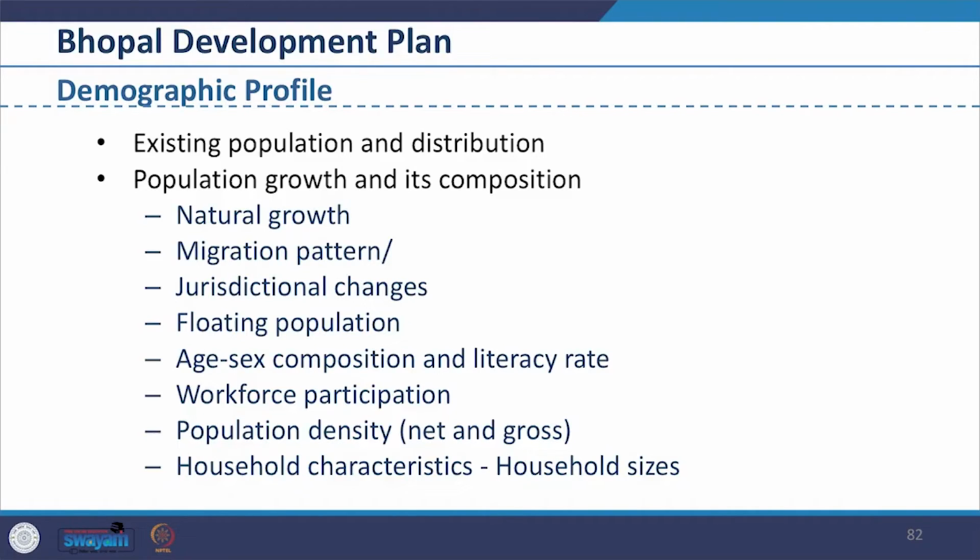Here we see, as suggested in the guidelines, that the demographic profile should cover the existing population and distribution, population growth and its composition, including the natural growth, migration pattern, jurisdictional changes, floating population, age, sex composition and literacy rate, workforce participation, population density, net and gross, household characteristics, and household sizes. So, this is suggested, and let us see what kind of information has been given in the Bhopal Development Plan.